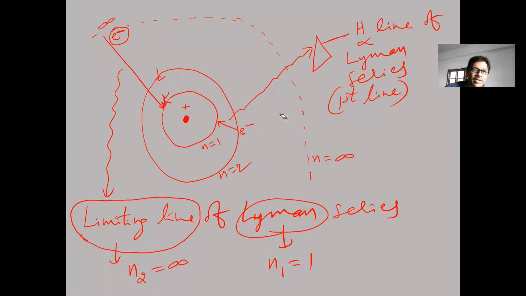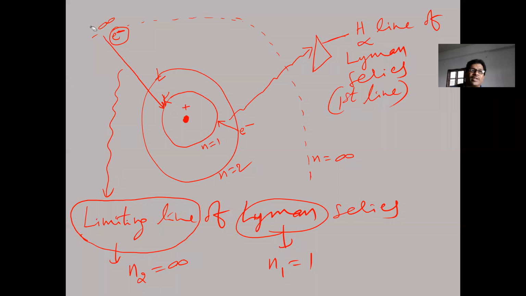For the Lyman series, whether it is the alpha line, the beta line, or the limiting line, any line of the Lyman series will have n1 value 1. The n2 value is 2 for the alpha line, and for the limiting line the n2 value will be infinity.